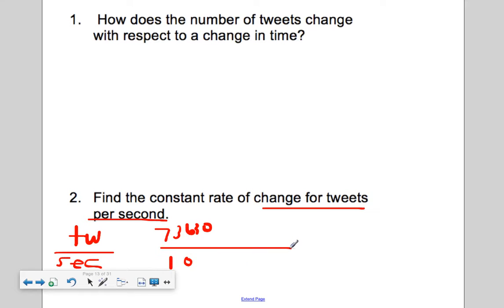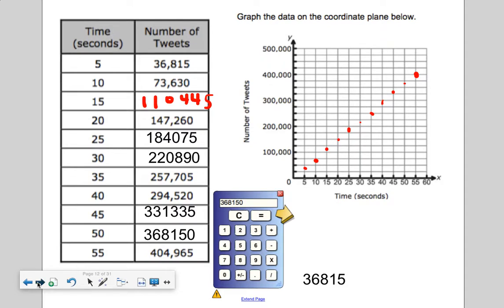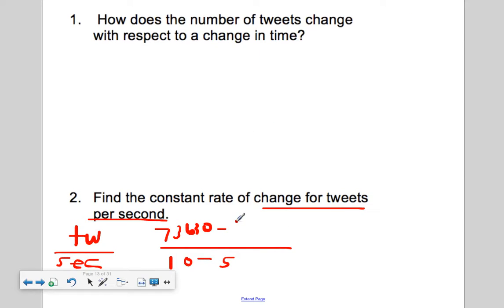How is it changing? In 5 seconds, it was 36,815. So for 10 seconds, it was 73,630 tweets. For 5 seconds, it was 36,815 tweets. So how did this change?